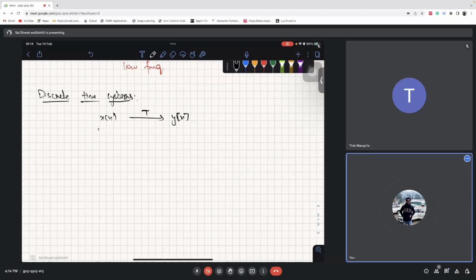So this is the input and this is the output. This is a discrete time system that we have. So x of n and y of n are both discrete time.